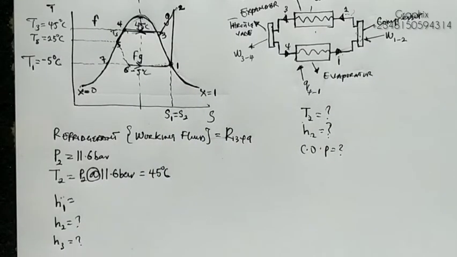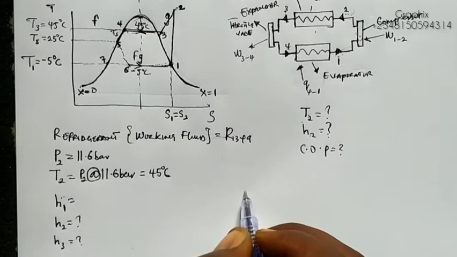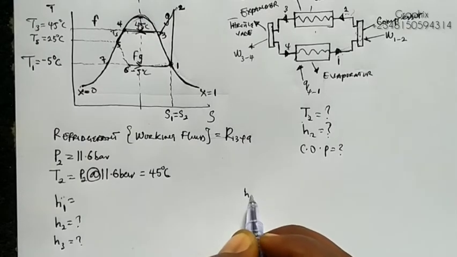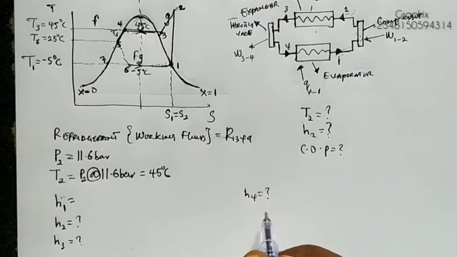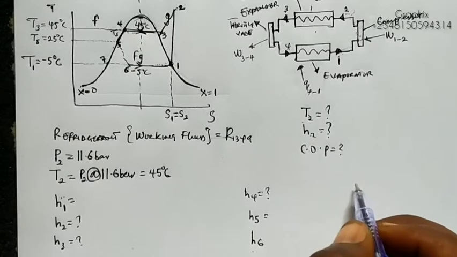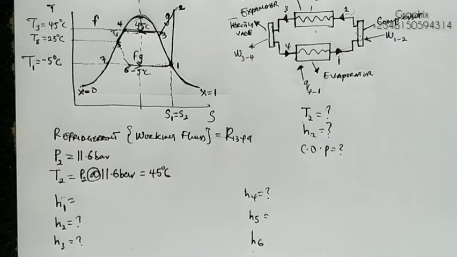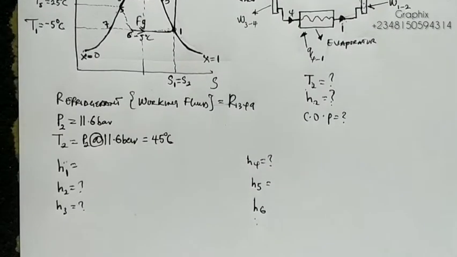So we also come to enthalpy H4 at state 4. We'll look for enthalpy at state 5 also, that is H5, right? We'll look for H6, right? And we'll look for H7 too. Let's move upward.